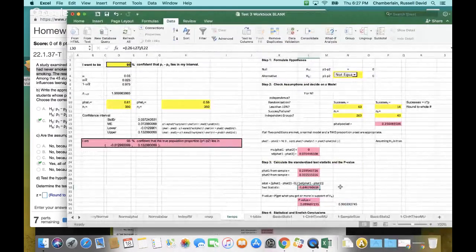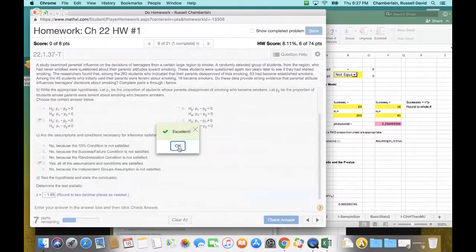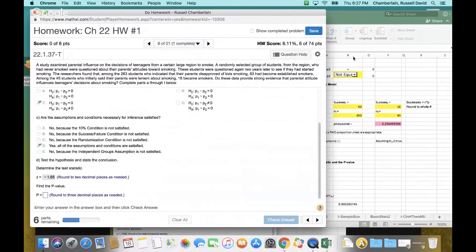That's a Command C, Command V over here, and to 2 decimal places that'll round to 6.5. Yep, it's that simple. Once you have these yellow numbers figured out and you've got your hypothesis testing going in the right direction, it's just a copy paste from there.